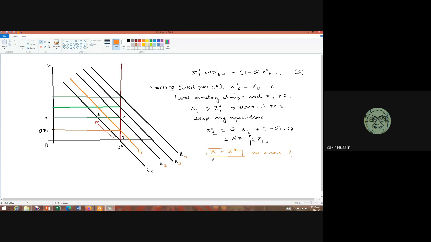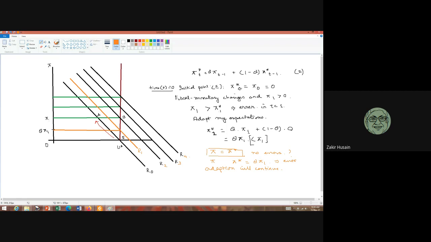So what I'm doing is I've got pi star. Sorry, I've got a certain rate of pi, but my actual rate of inflation expectation is theta pi 1. So there's an error. And therefore, the adaptation process will continue. Sorry, there's a spelling error over here. Adaptation will continue.